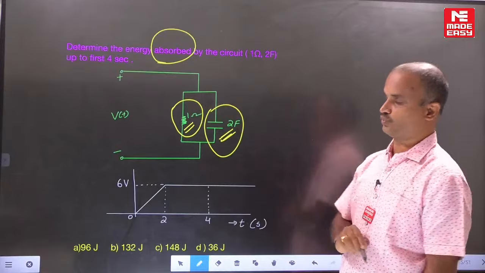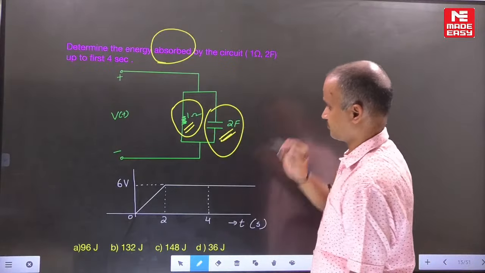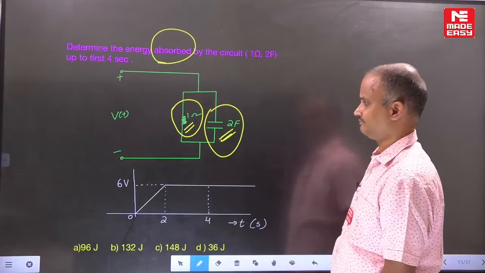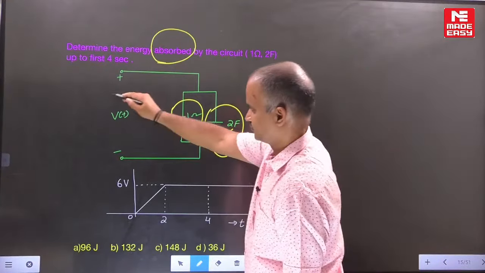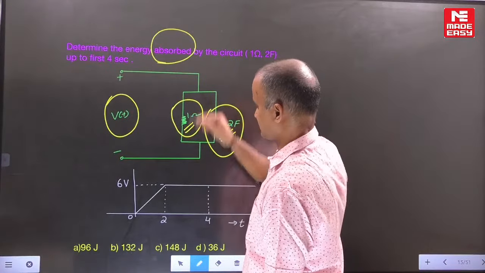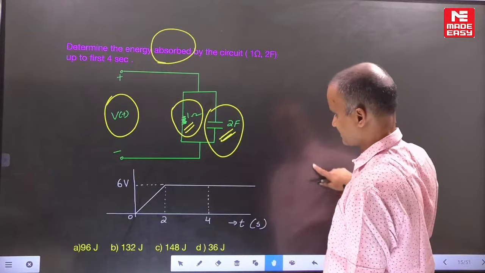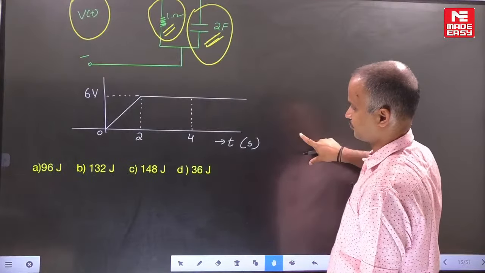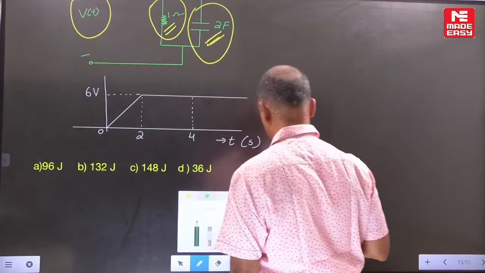Energy stored means we focus only on the capacitor, but absorbed means we should include both resistor and capacitor. In this example, both elements are connected in parallel, so the voltage across the resistor and the capacitor are the same. In the question itself, the voltage waveform is given. Now he is asking for the energy up to what point here?